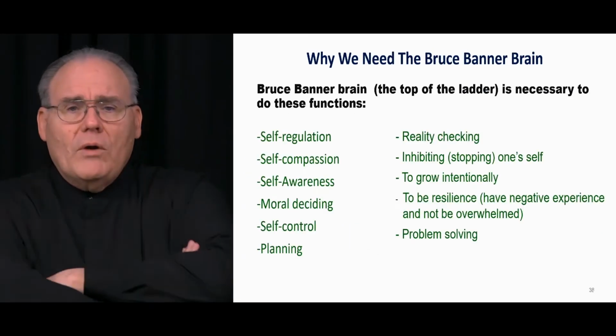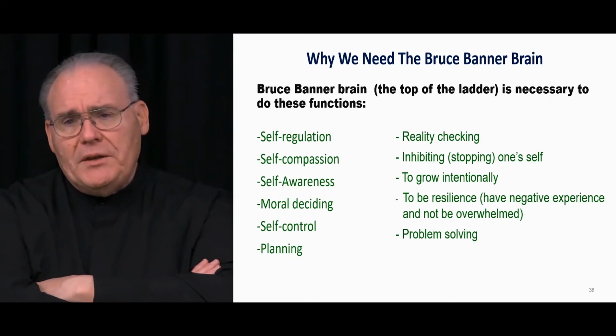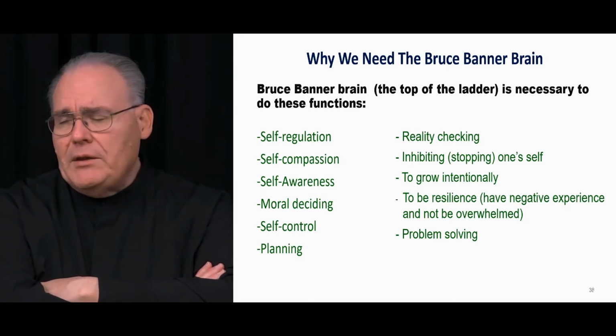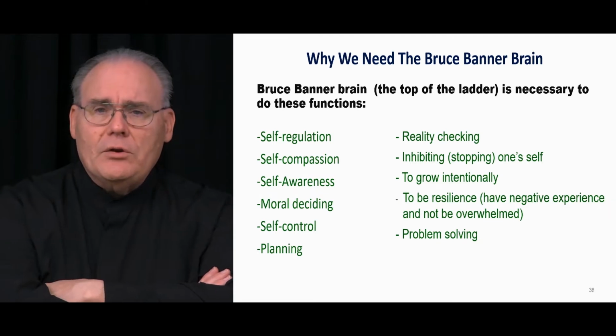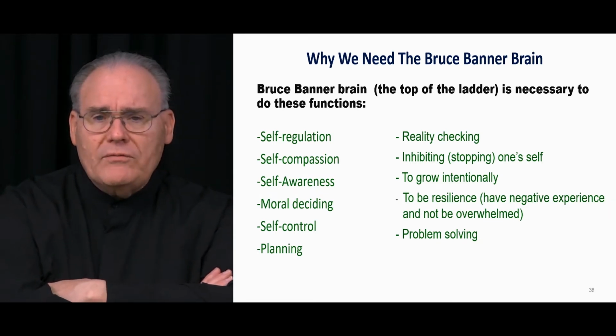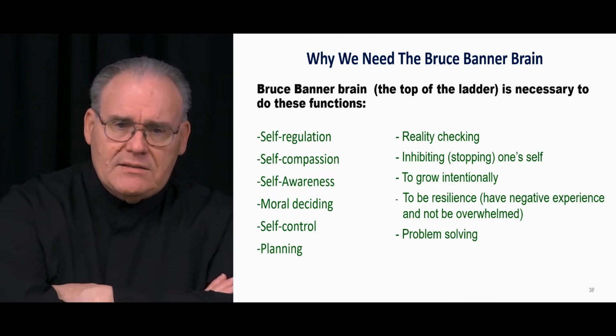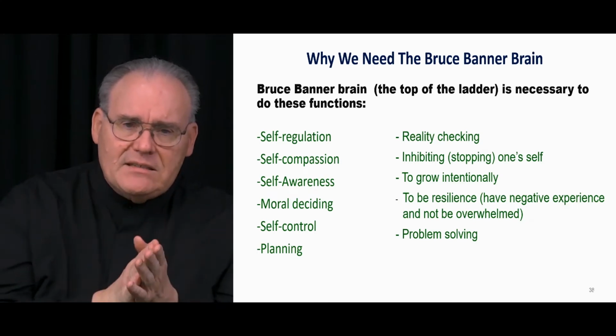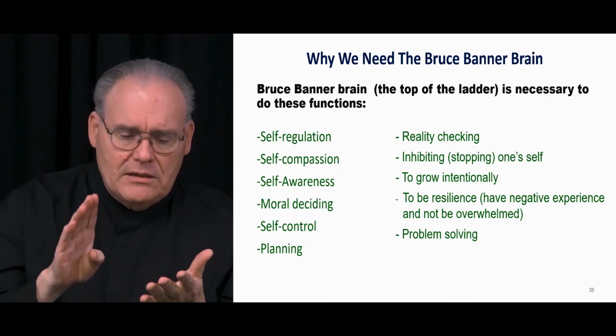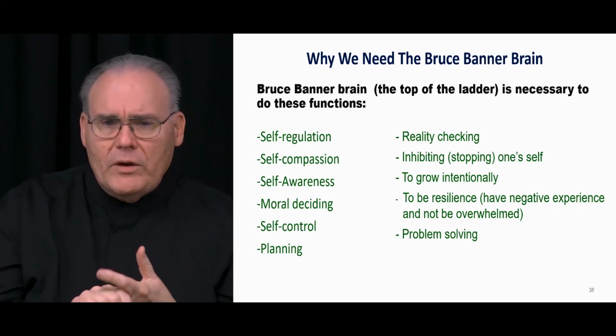So why do we need to be at the top of the ladder, or why do we need to be in Bruce Banner brain, or why do we need Einstein brain in order to transform or move forward? It is because it is only in that system where we have self-regulation, self-compassion, self-awareness.